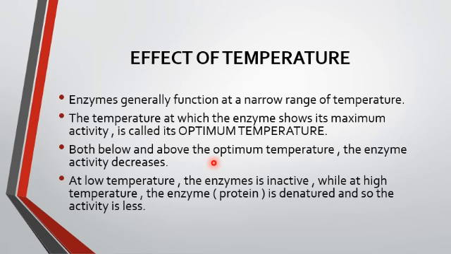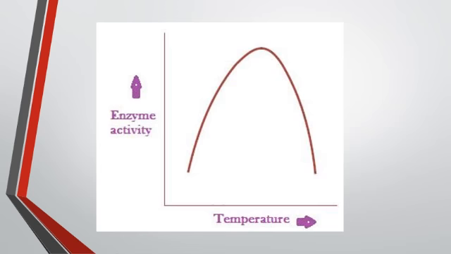But if you keep things lower than 35 degrees, at 10 or 5, the action of enzyme will decrease. Similarly, at 70 to 100 degrees, again the action of the enzyme is decreased, and the maximum action of enzyme is at the optimum temperature.